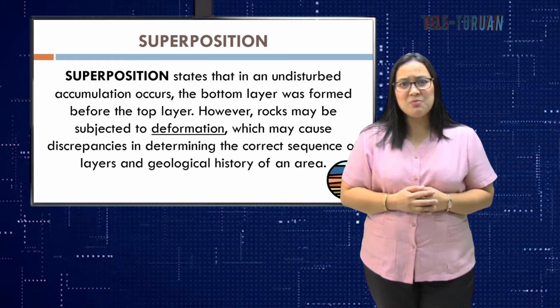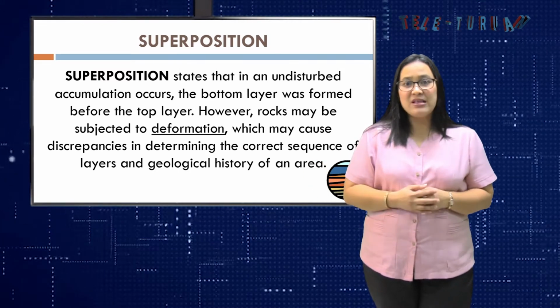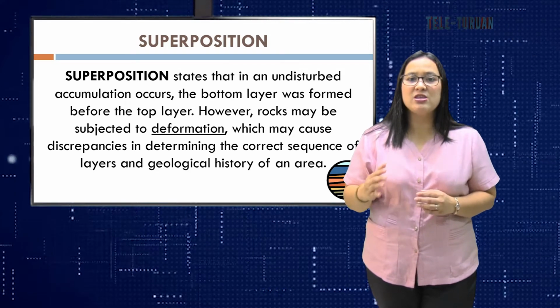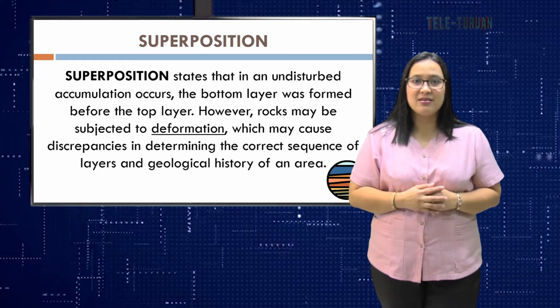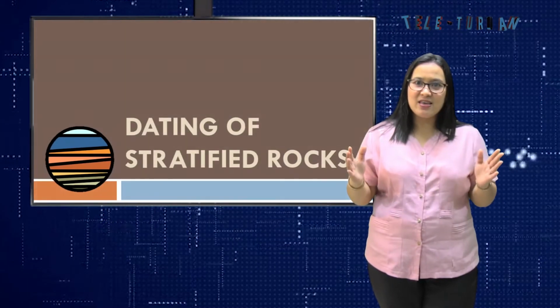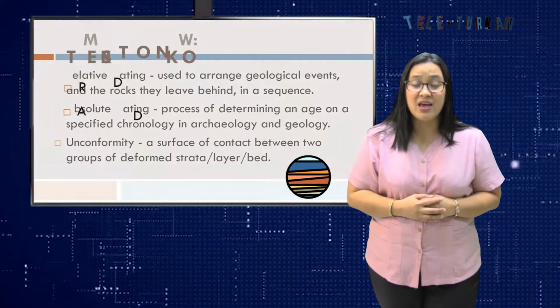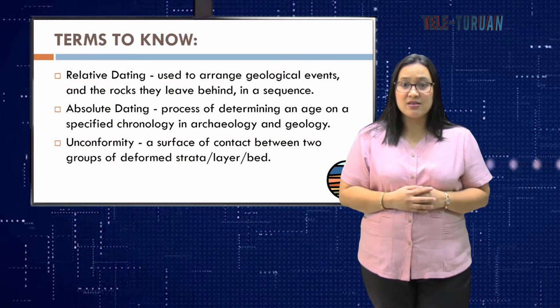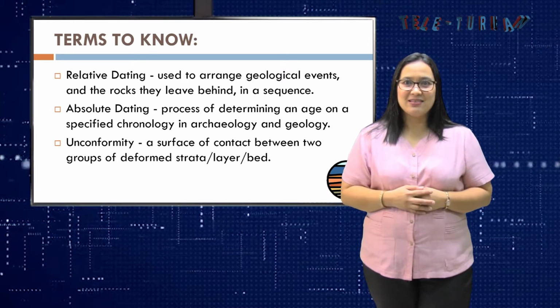However, rocks may be subjected to deformation, which may cause discrepancies in determining the correct sequence of layers and geological history of an area. So in this case, there are two methods that we can use to help us determine the age of the stratified rocks: the relative and absolute dating.